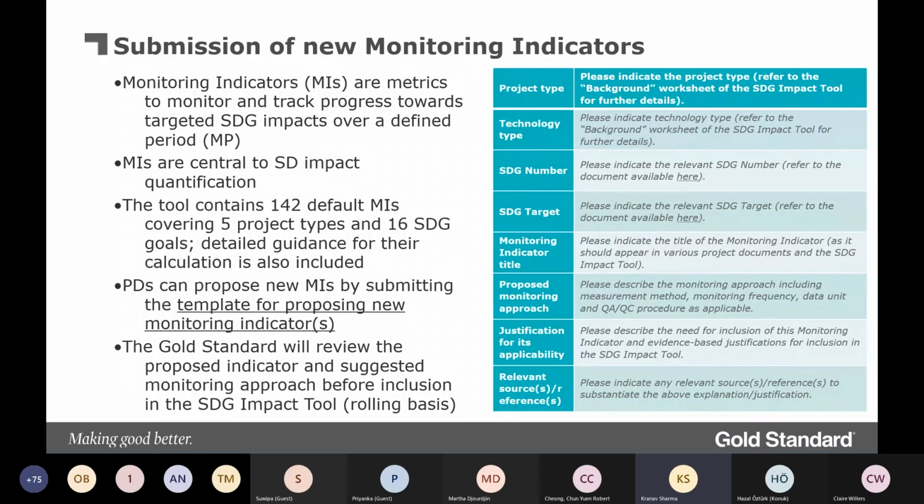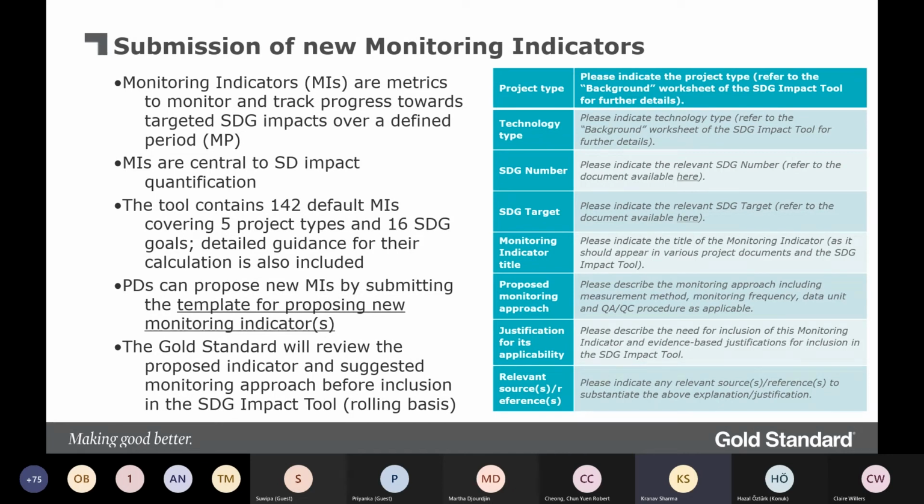Essentially, this template contains information regarding that particular monitoring indicator that we should assess when deciding whether it needs to be included. And we do expect project developers to provide all relevant information regarding the monitoring indicator they want to propose, which is not in the SDG impacts tool, and seek our advice on.